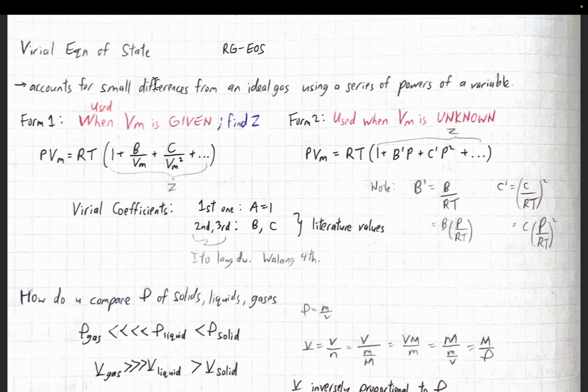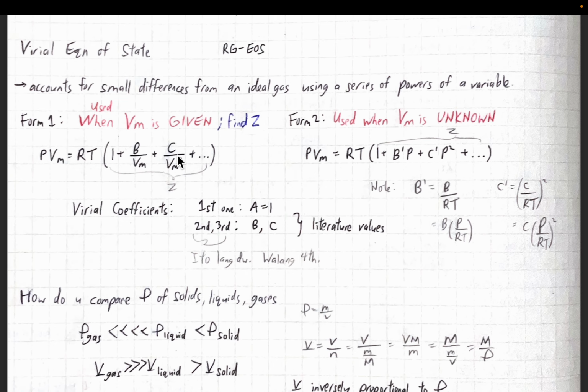By the paper, there are two forms, but essentially it's the same thing. So for Form 1, it is used when the molar volume is given, and you have to look for the compressibility factor. So essentially, the compressibility factor here is this entire thing, the one encompassed by the parenthesis.